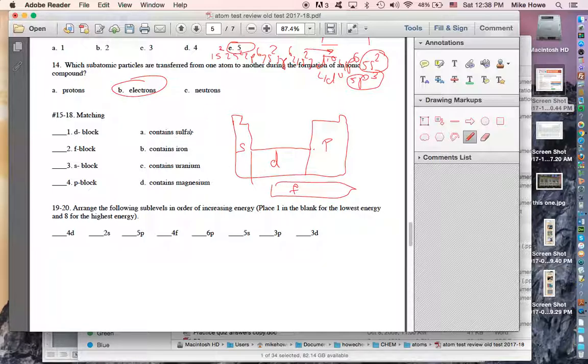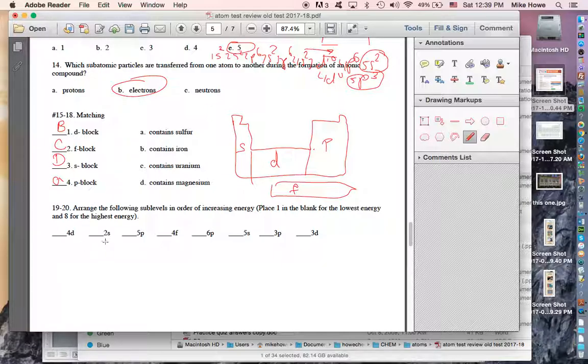So if you look at sulfur, sulfur is in the p block, so that's A. Iron's down here in the d block, and that is B. The f block contains uranium, so the f block is C. And that leaves the s block to contain magnesium, which is D, and magnesium's element 12 is right there.